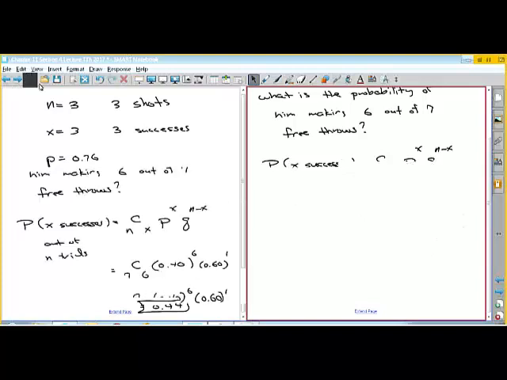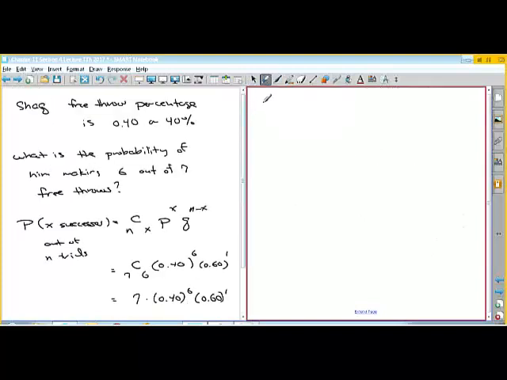So let's do another one. We're going to try this again. So let's think about what's that guy's name? J.J. Redick. Okay, on the other end of the scale, he's a good free throw shooter.